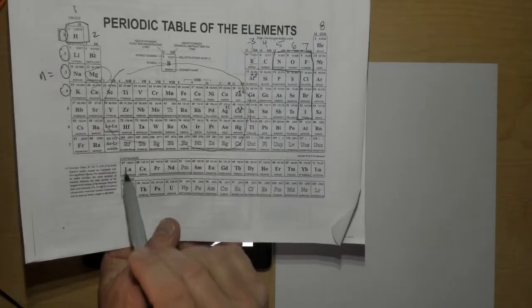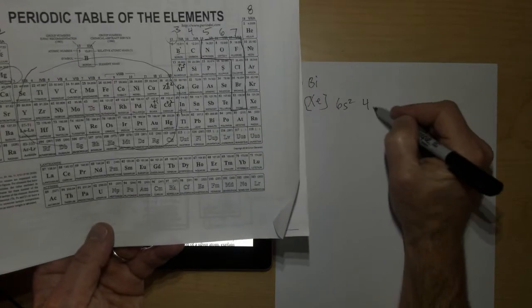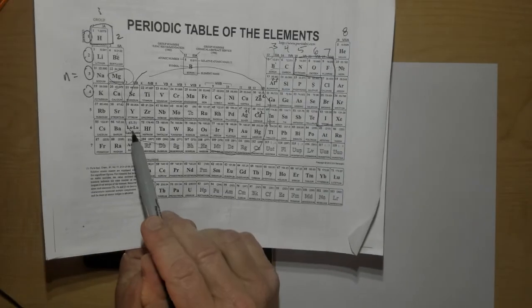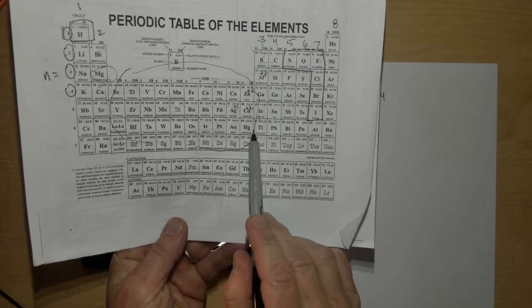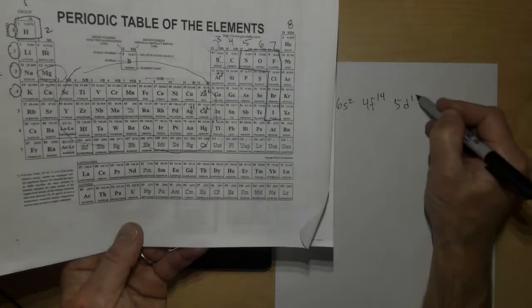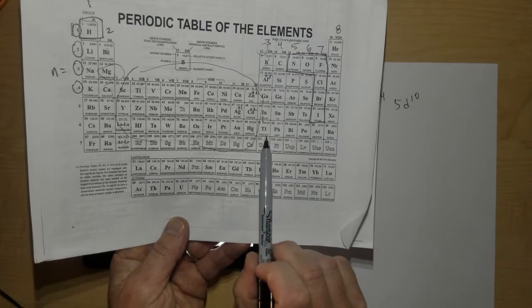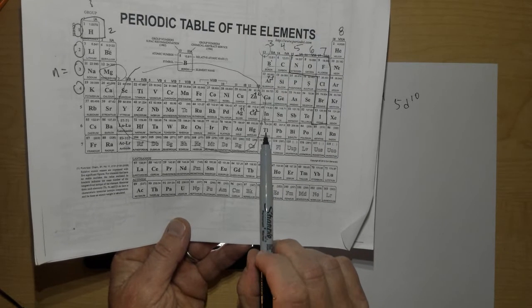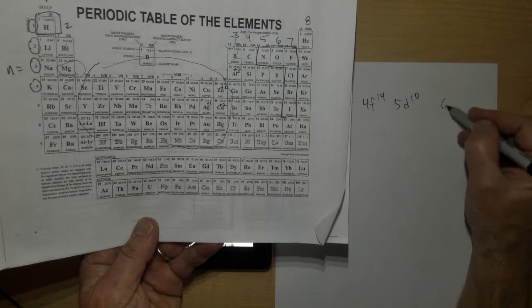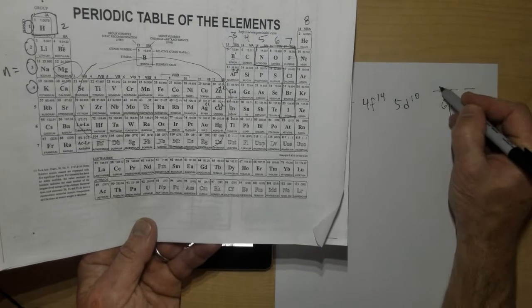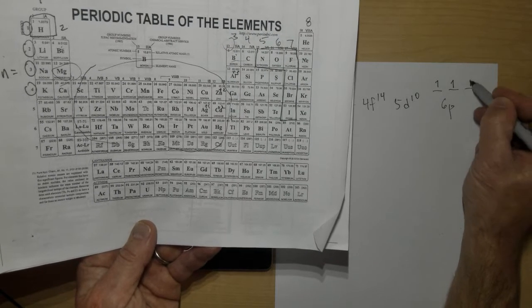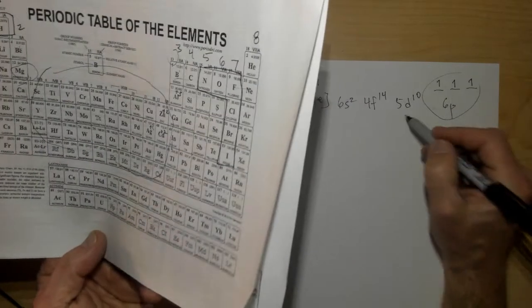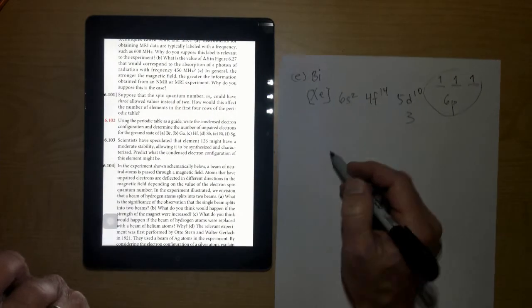We'd have the 4f14. Then we'd have the 5d10. And then we'd have the place where we'd get to unpaired. So we're in the 6p, 1, 2, 3. So the 6p orbitals, there'd be 1, 2, 3 electrons in there. So we'd have 3 unpaired electrons there in letter E.